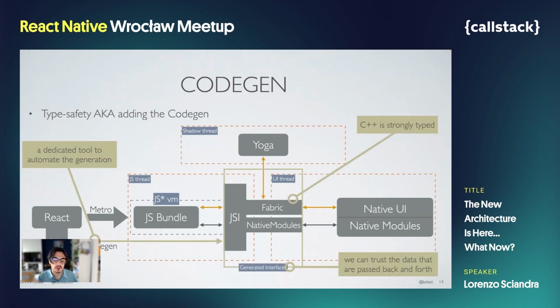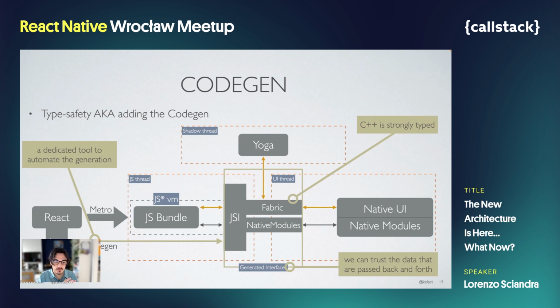Now, not only that, now we've shaped the new architecture, but there's one extra step that we can take, which is potentially optional, but it's highly recommended, which is the use of the Codegen. What the Codegen does is enable you to use your JavaScript code to define the interfaces of all your, let's say, native code facing code.